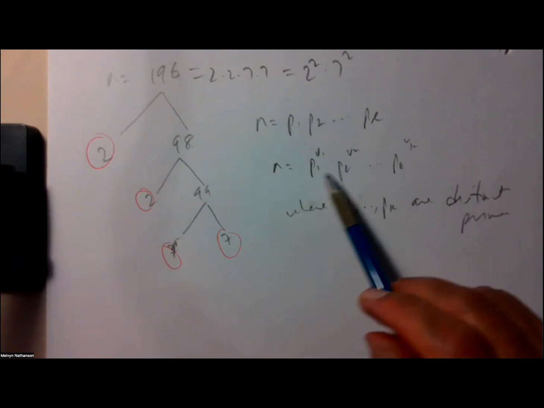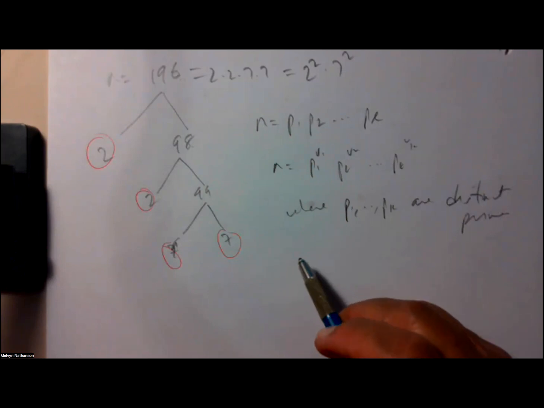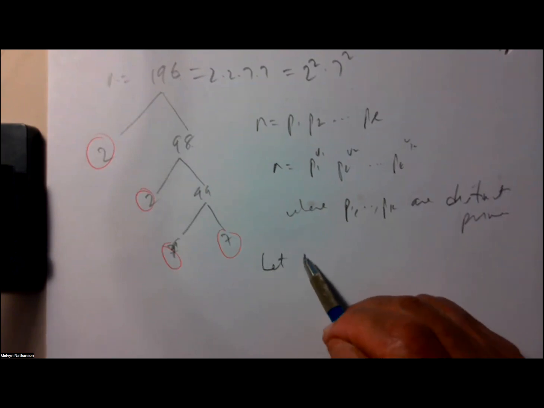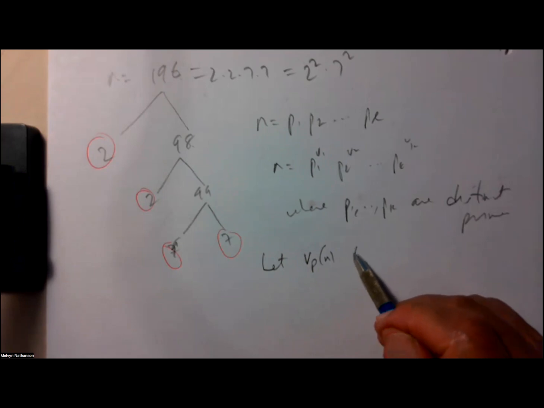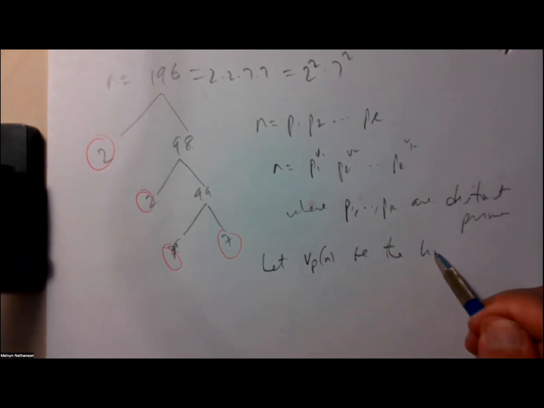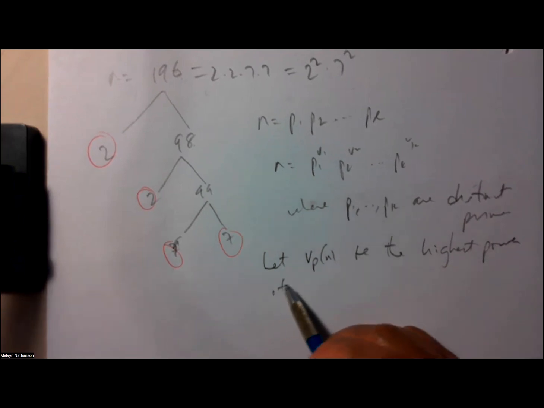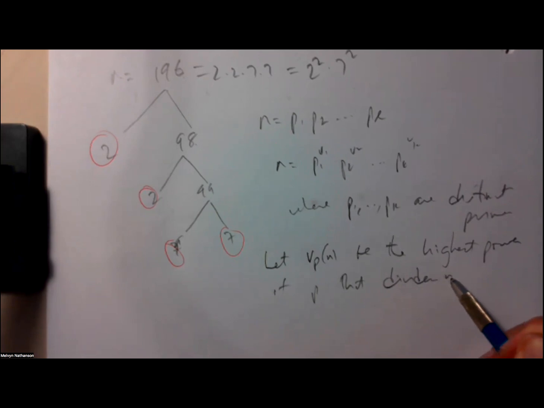So you write your number n as a product of primes, but you can collect the same primes and write it as a prime power. And we often denote by this notation v sub p of n the highest power of p that divides n.